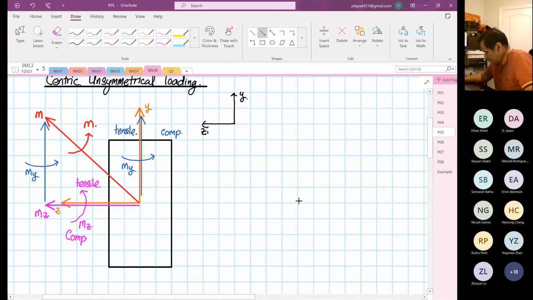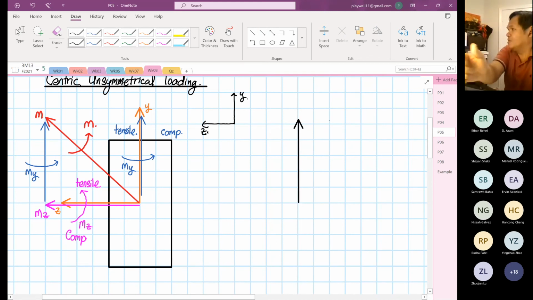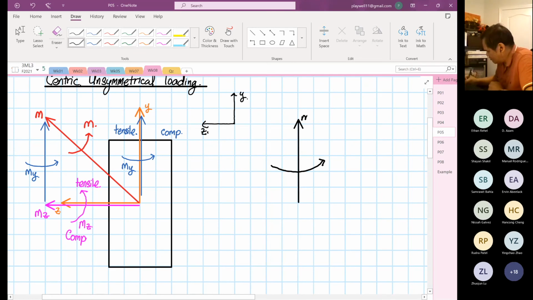So if you are confused, if this is the moment vector, your thumb pointing up, and you grip this way, this is the moment vector head arrow, and you label the head of the arrow as compression, and the bottom part as tensile.